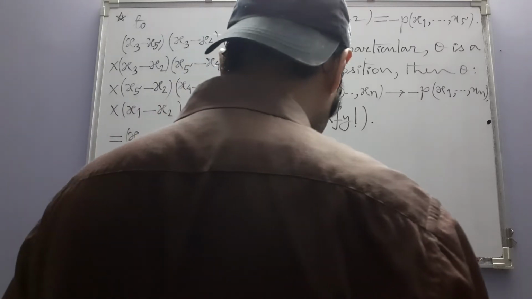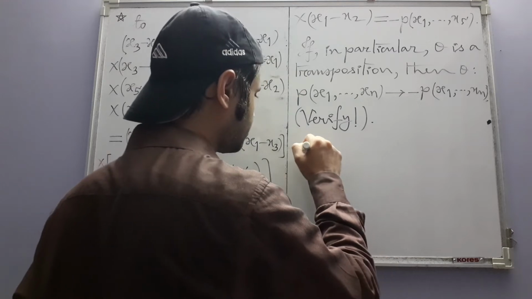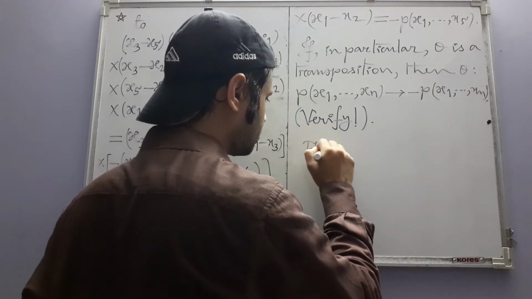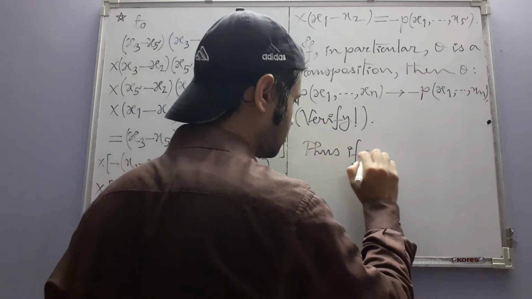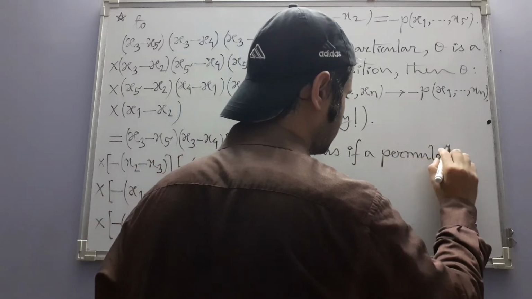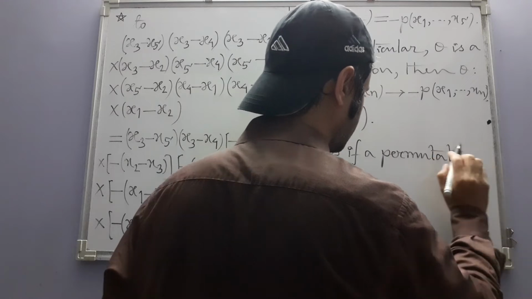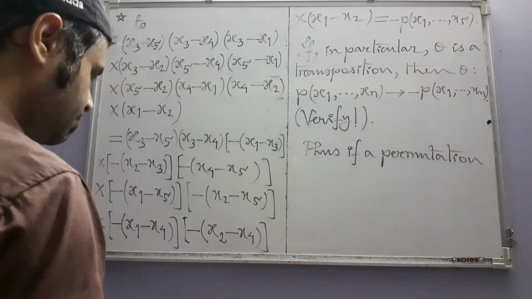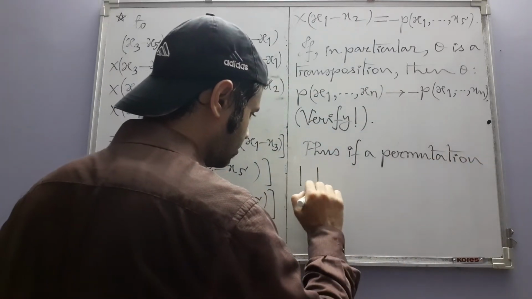So that's why the author writes, thus, if a permutation, instead of writing theta, Herstein has decided to write capital Pi.